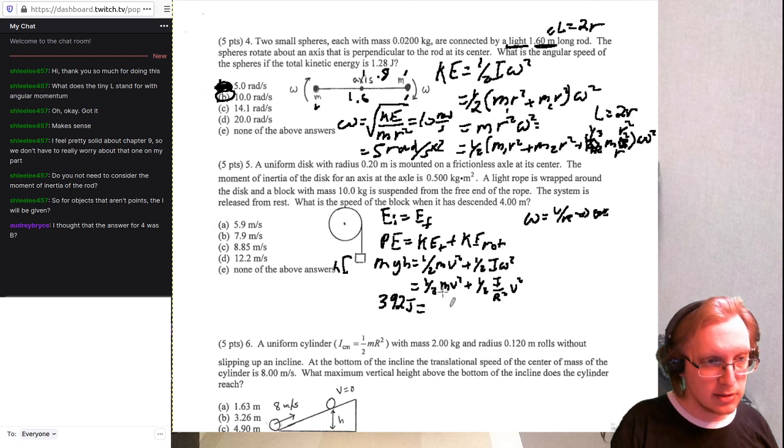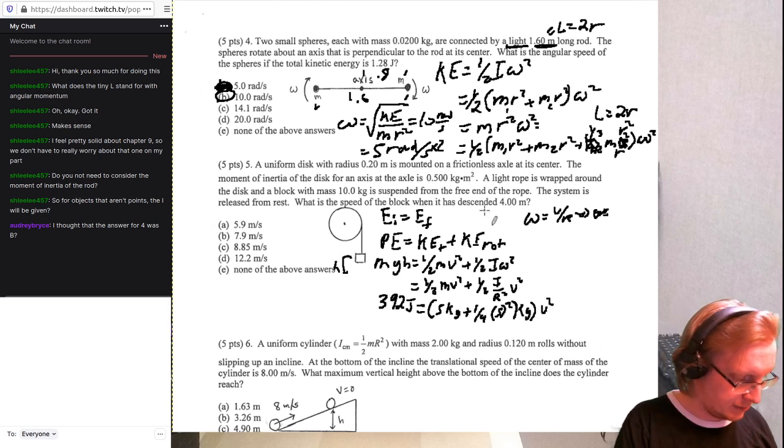We have 1/2 mass, v squared, which is 10, right? You have 10 kilos there, so 10 divided by 2 is 5. Plus I is 1/2 times this 1/2 is a quarter, and then the radius is 1/5 squared.